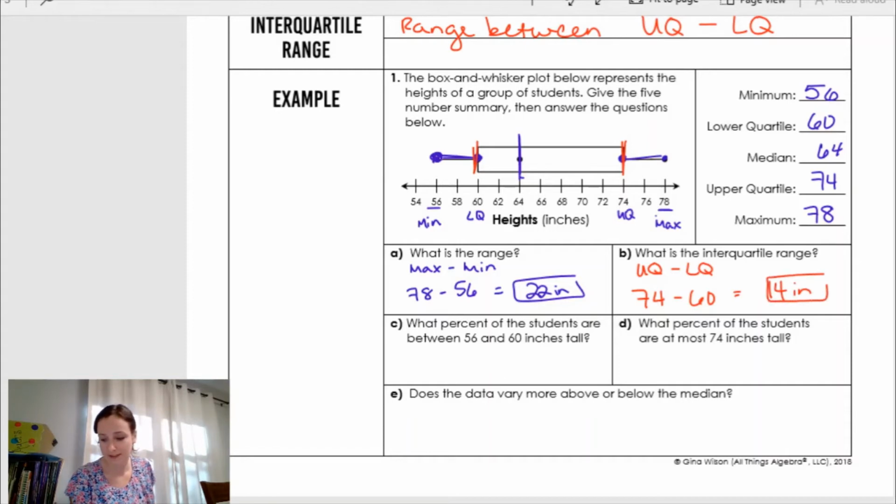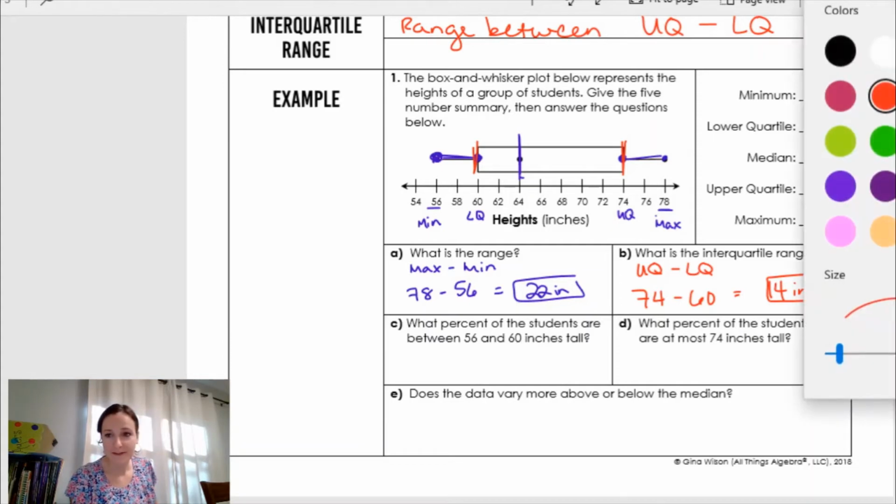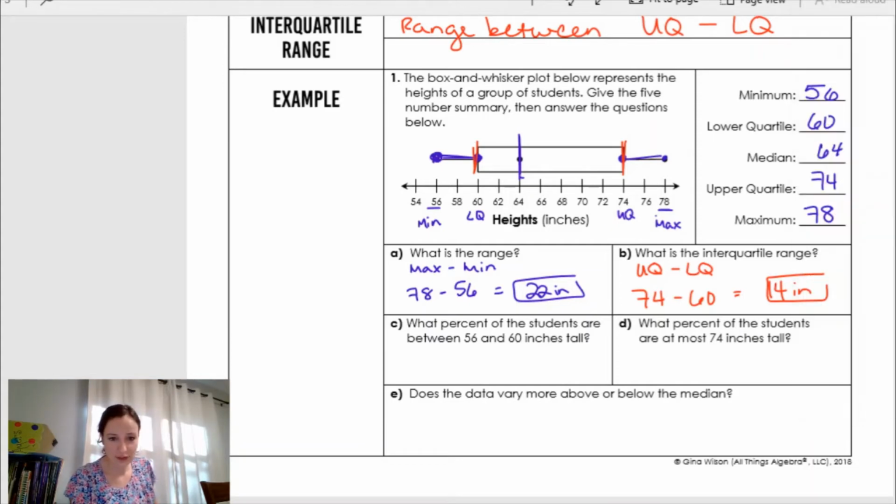Okay, 14 inches. What percent of the students are between 56 and 60 inches tall? So 56 starts here, right? And we're going to keep going all the way till we get to 60, which is going to be this section here. Now remember that each of these values, the min, the lower quartile, the upper quartile, and the max represents 25%. That's why it's quartiles. So here I just have one group. So from here to here is one, 25%.